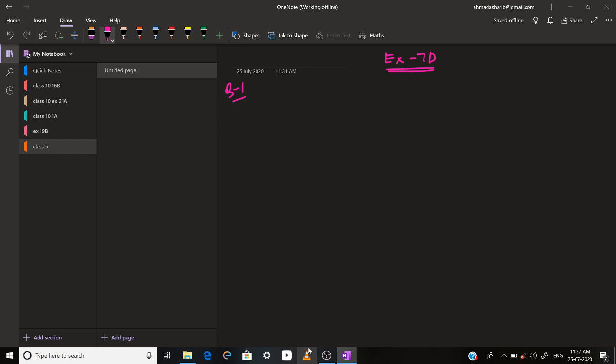So let me tell you how to check the divisibility by 2. If we want to check the divisibility by 2, we have to see the unit place number. For example, 532. The unit place number is 2, which is an even number. For example, 374.